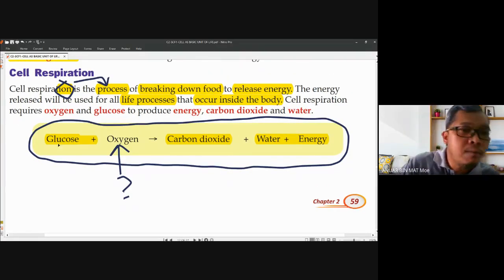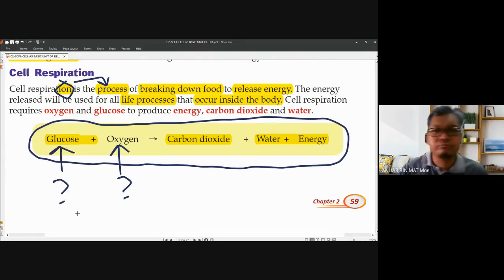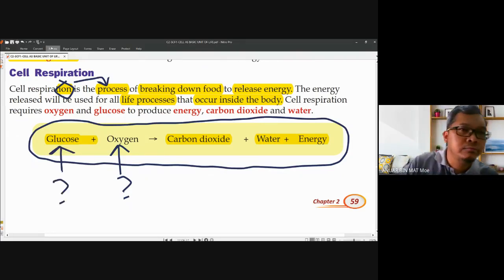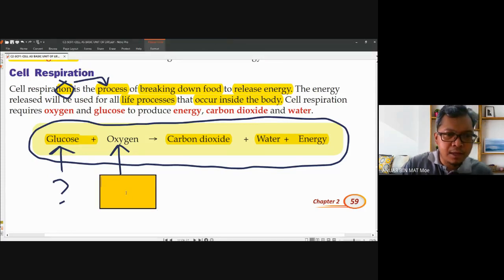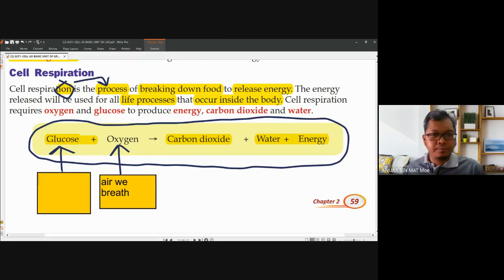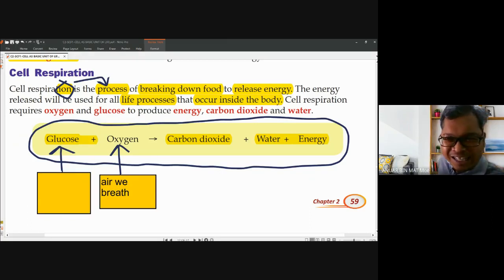Okay, how about glucose? Where do you get the glucose? This one is from the air. The air we breathe. Okay, how about glucose? Very easy one. Glucose?